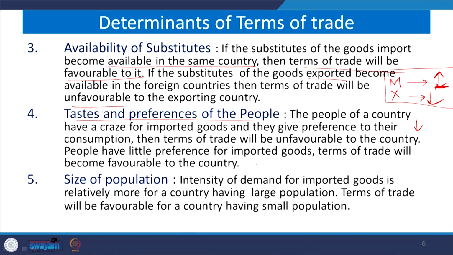Similarly, size of population is one of the most important determinants of international trade. Size of population defines the market for a particular commodity. Usually India and China are referred to because of their population.